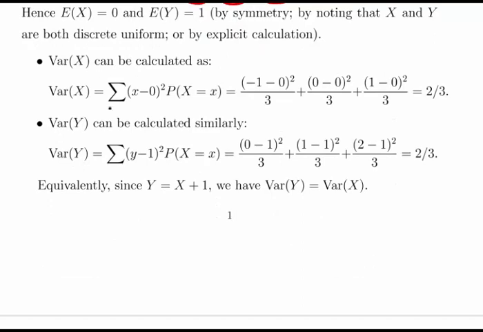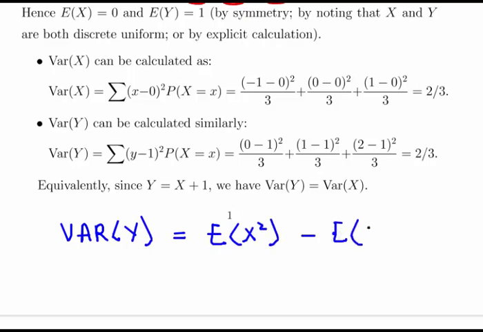Usually I would do it as the variance of x equals the expected value of x squared minus the expected value of x, squared. But in this particular instance I'm going to show a different approach, where it's the sum of x minus x bar, squared, times the probability of x.